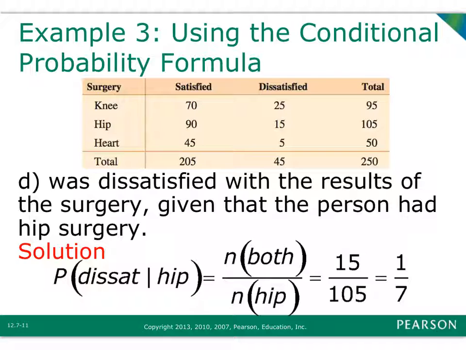Well, in this particular case, the number of folks that had a hip surgery was 105. The number of patients that were both dissatisfied and had hip surgery was 15. So it's 15 divided by 105, which is 1 divided by 7.